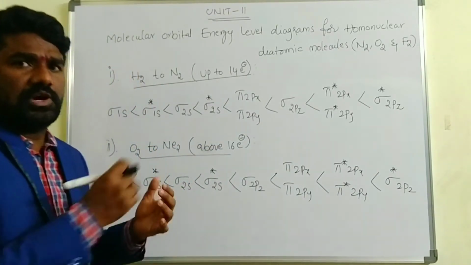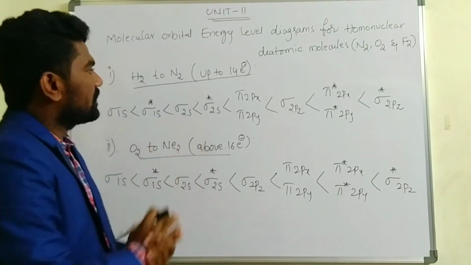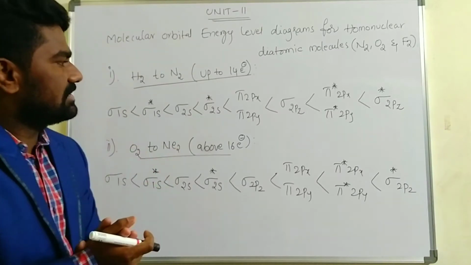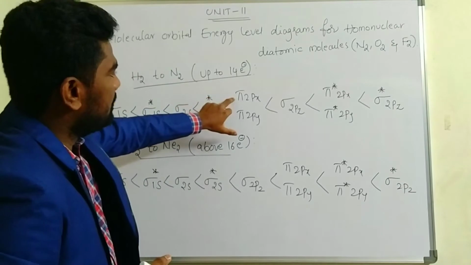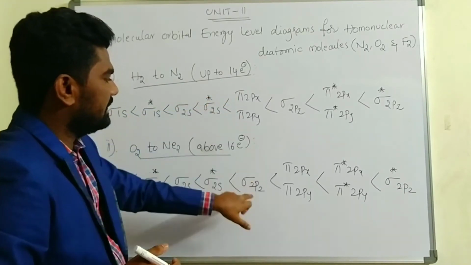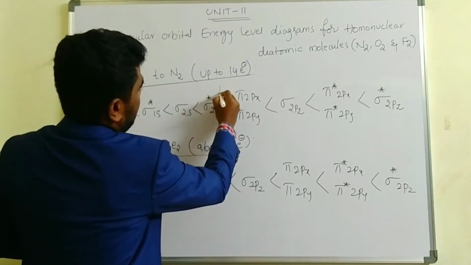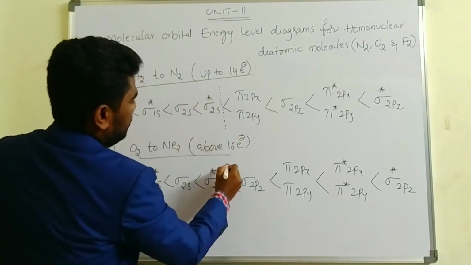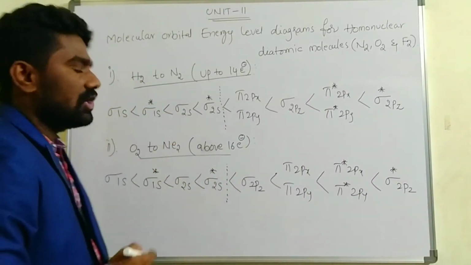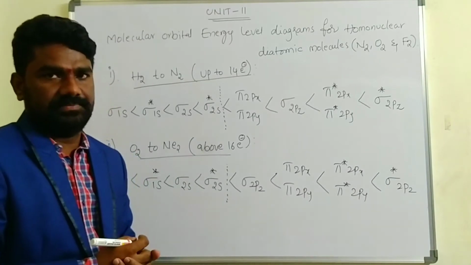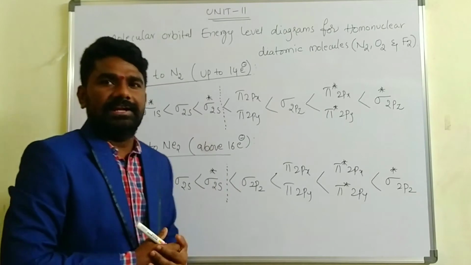If you compare the two cases, we have a difference in the area of pi 2px, pi 2py, and sigma 2pz. That means up to sigma star 2s we have the same relative energy order in both cases, isn't it? But after sigma star 2s we have the difference.